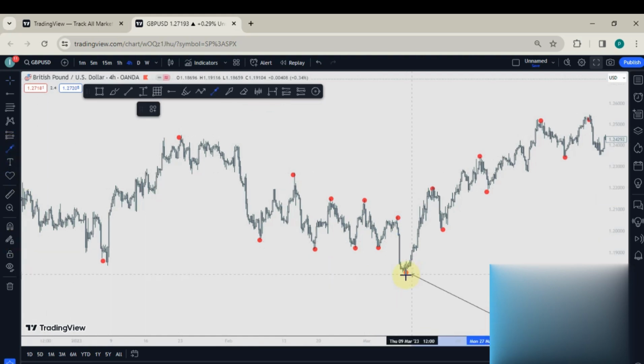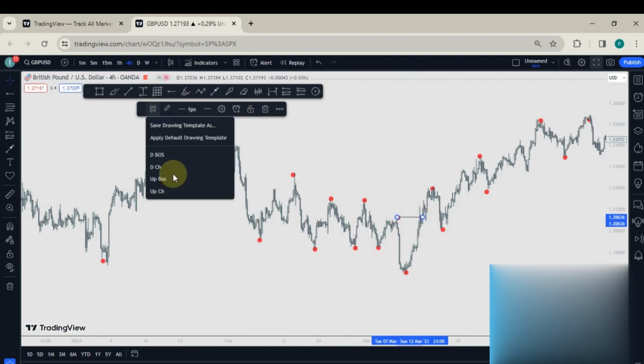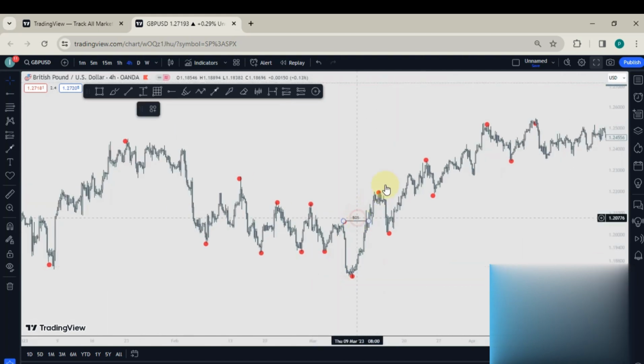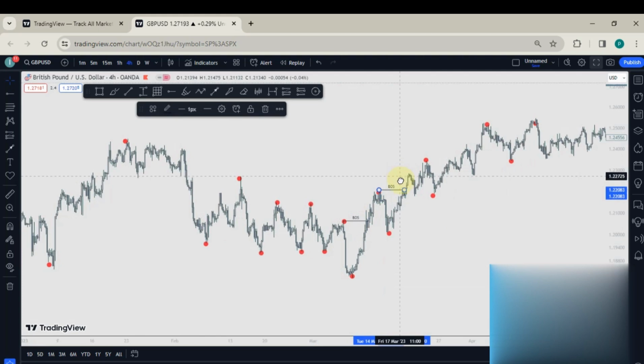So as you can see, this lower low breaks this higher low, and in this case it becomes our break of structure. And this also becomes our break of structure.